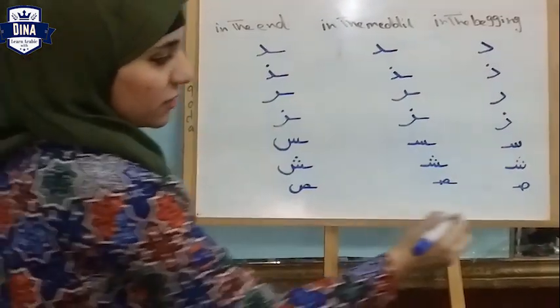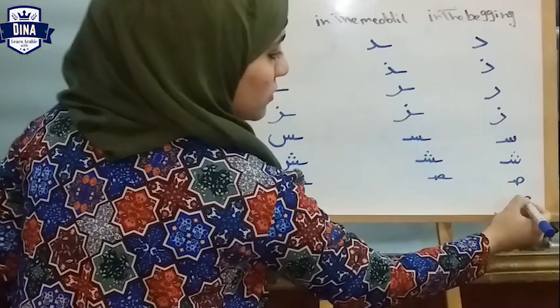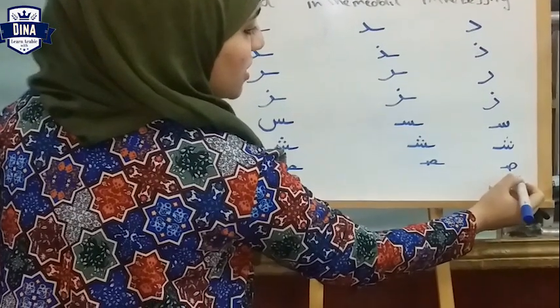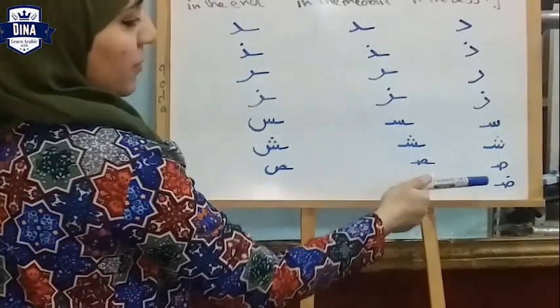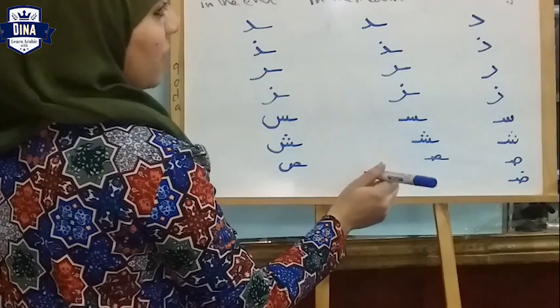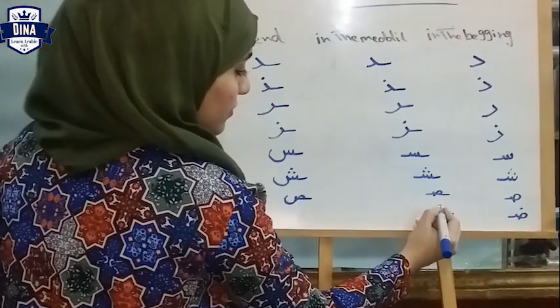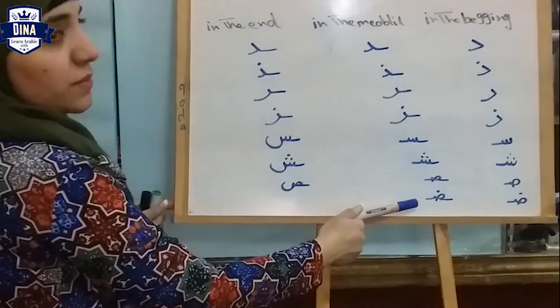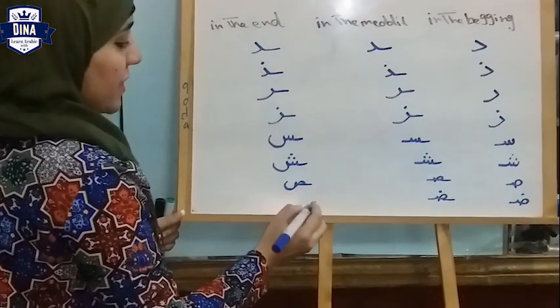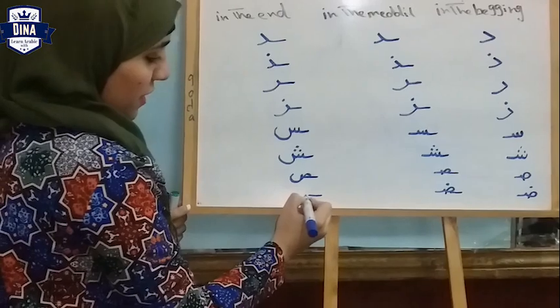After then, Dad. Dad has one dot on the top when it's coming in the beginning. When it's coming in the middle, comment. When it's coming in the end of word, this is the shape.